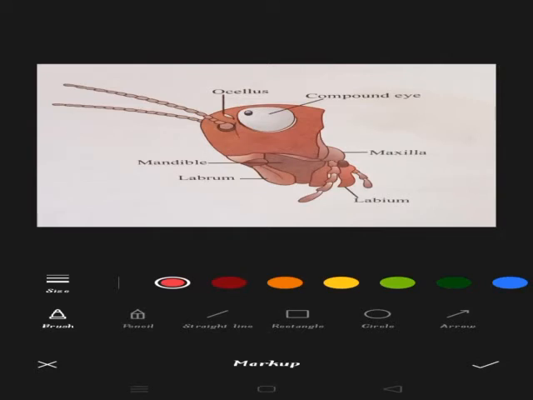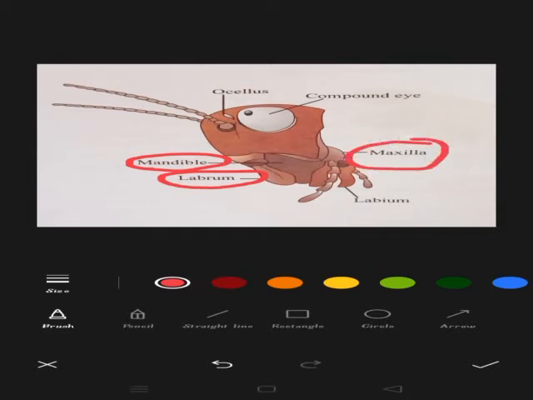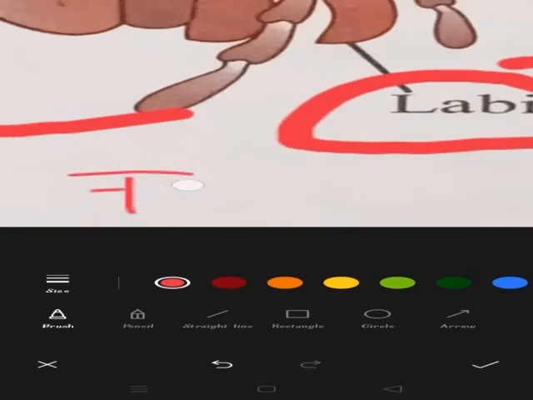The cockroach has chewing and biting mouth parts, consisting of a labrum, a pair of mandibles, a pair of maxillae, and a labium. It is made by fusion.